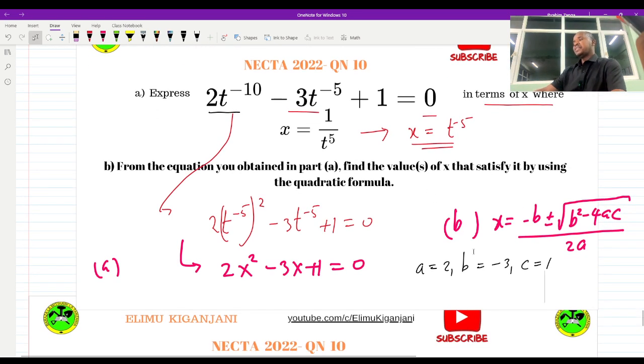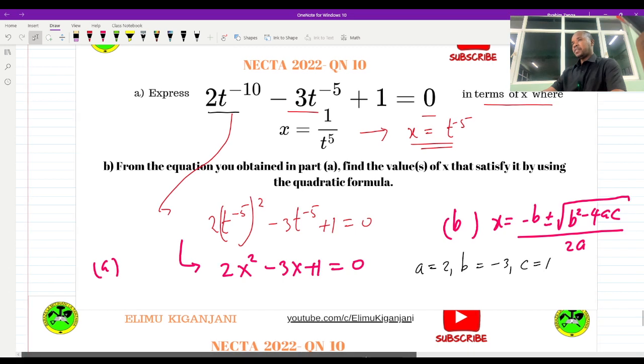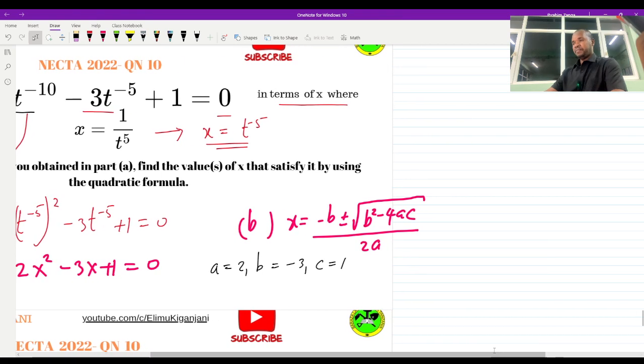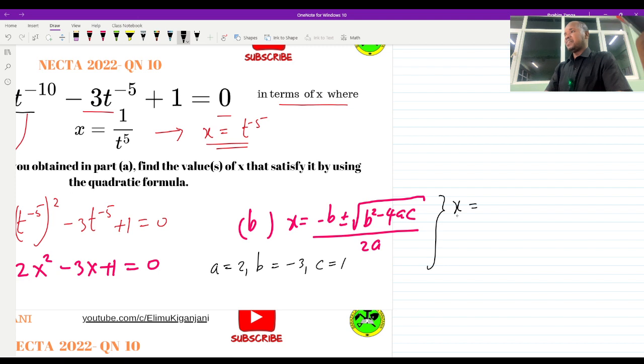With these details, dear students, we proceed to plug them into the formula, so that you'll have x equals to negative b, which is negative (negative 3) plus or minus square root of b squared, so negative 3 squared, minus 4 times a, which is 2, and c, which is positive 1, divided by 2 times a, and a was 2.